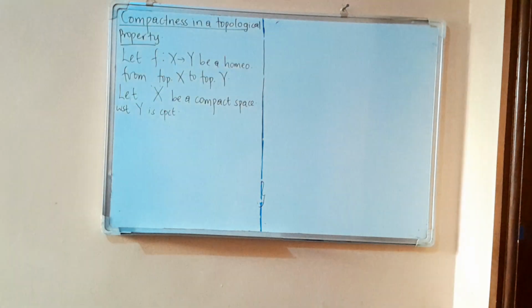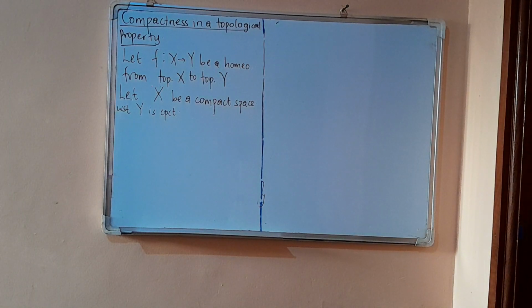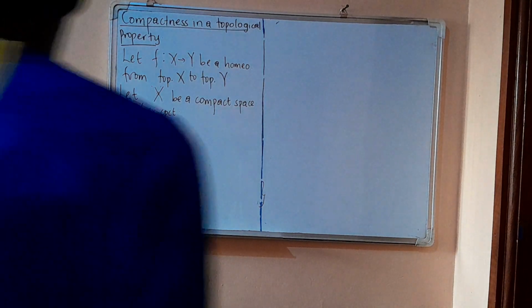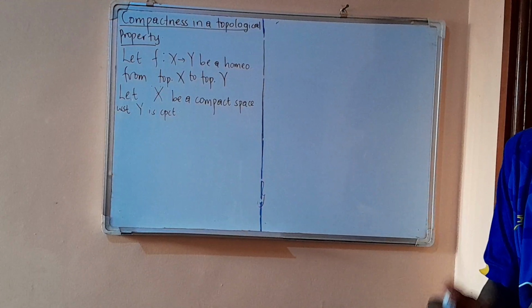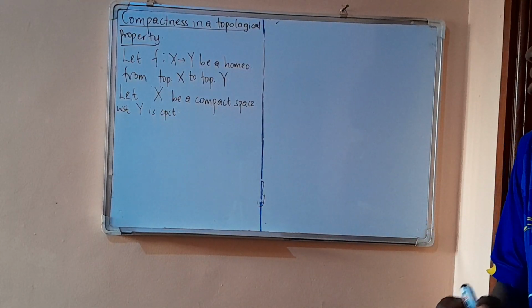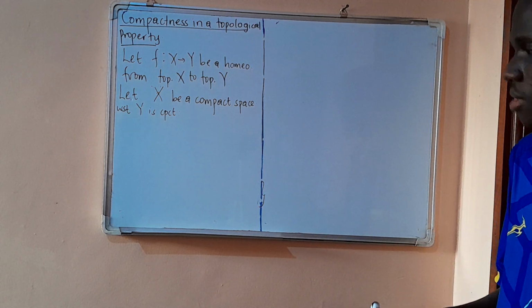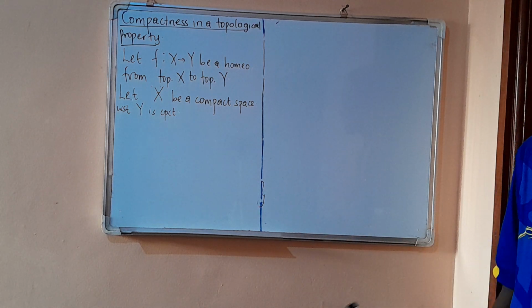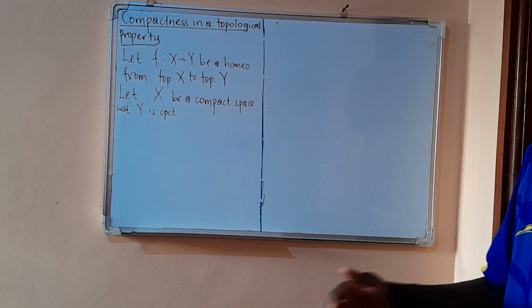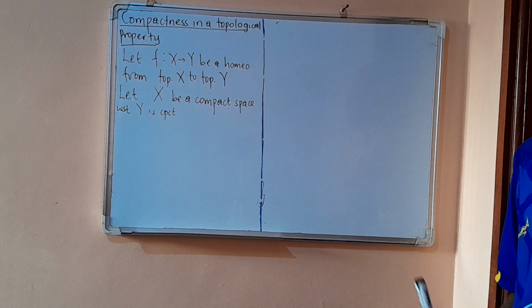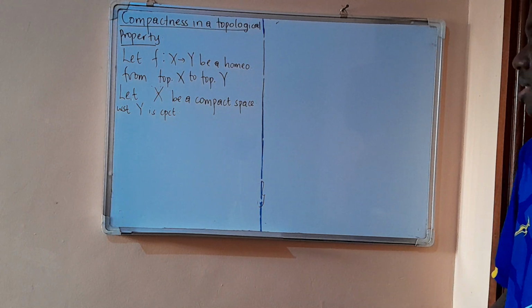Having taken note of that, we have supposed that X is compact. We want to show that Y is compact. So we follow the same basics. If you want to show that a space is compact, you suppose an arbitrary open cover of that space. Then you show that that arbitrary open cover has a finite subcover.